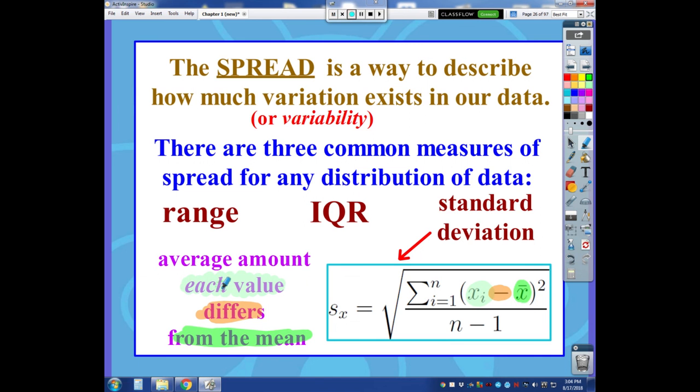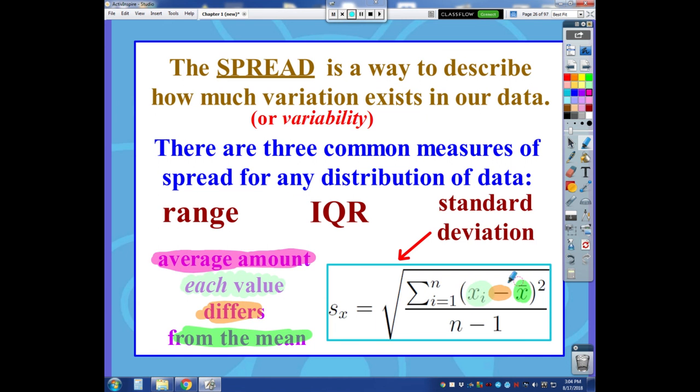So really, when we say each value differs from the mean, that gets us this quantity here. Now, here's what's going to feel a little weird is the average amount part. Because you guys are used to saying the average is either the mean or the median, and the average is kind of like adding up all our values and dividing by our total number of values. Except we're doing average in a weird way here.